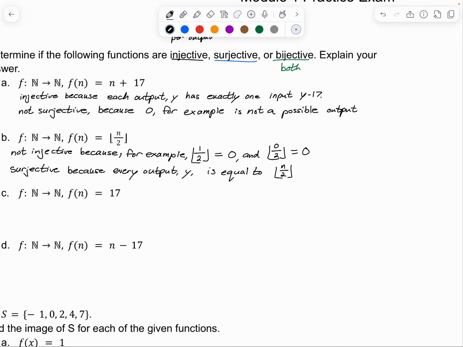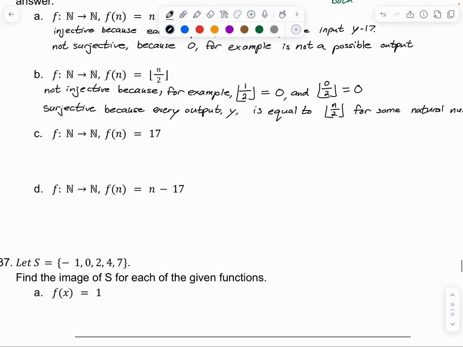You can get 0 by plugging in 0. You can get 1 by plugging in 2. You can get 2 by plugging in 4, and so on. So it's equal to this for some natural number n.